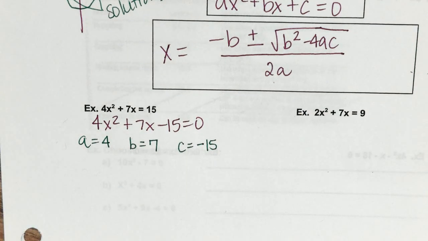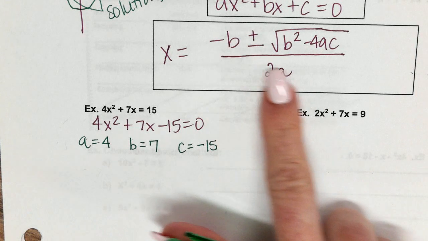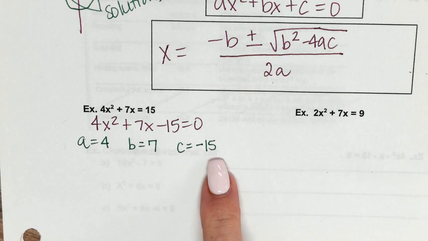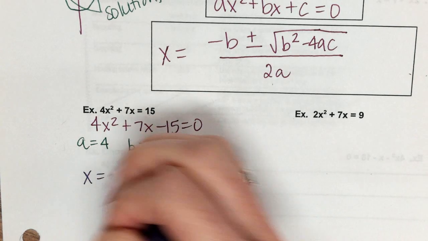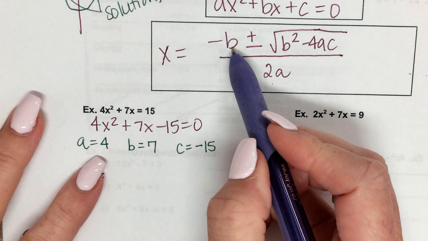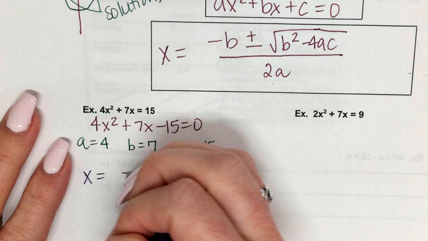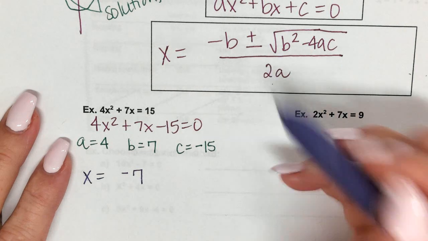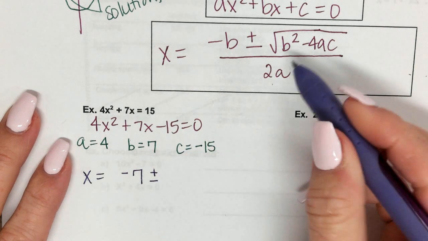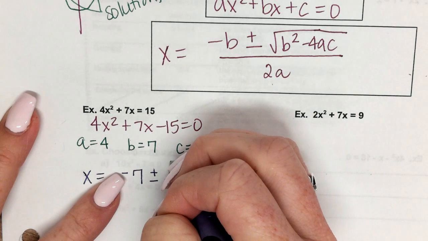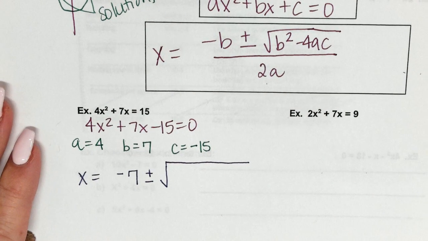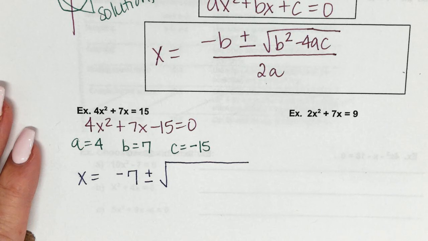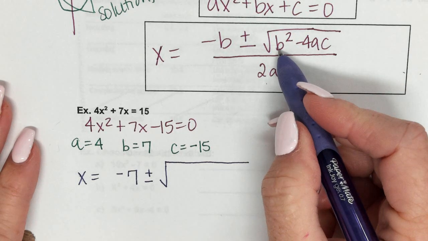Now that I know those pieces, I am going to write them into the formula. So here we go. I have x equals negative b, so negative 7, plus or minus the square root of, and make your square root pretty big because you've got a lot of stuff to put under it. b squared, what's b?